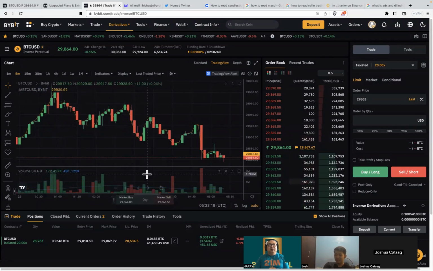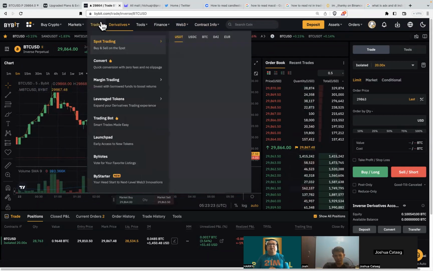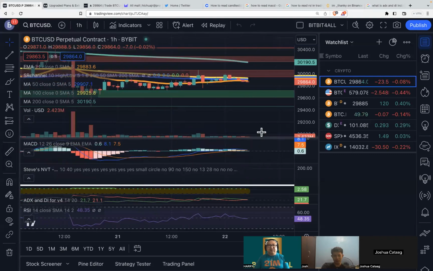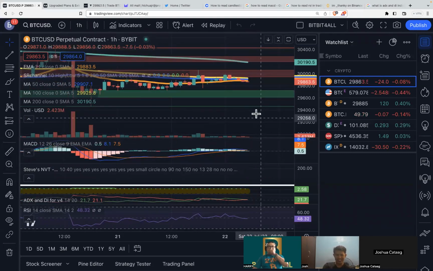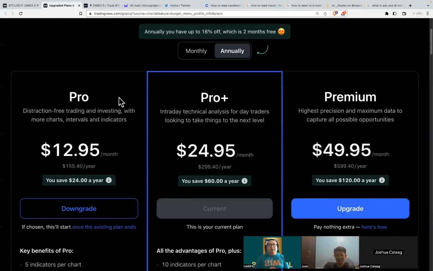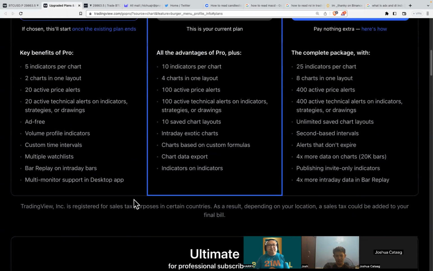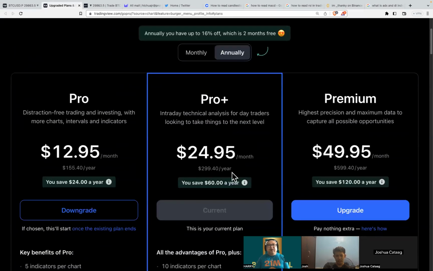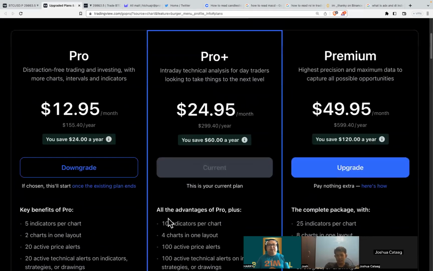So hindi siya maganda. But if you use TradingView, ito talagang ginagamit. Lahat ng mga traders, mayroon silang TradingView account. Okay? So mag-sign up kayo kahit ito lang muna. Pinakamura. I'm doing Pro Plus.